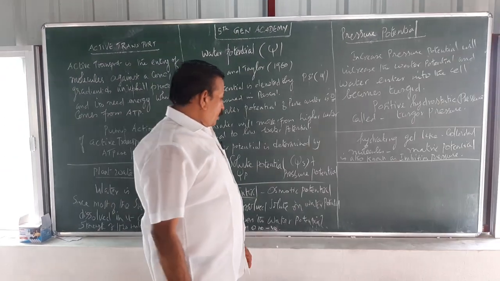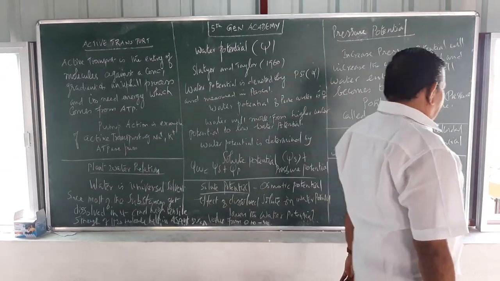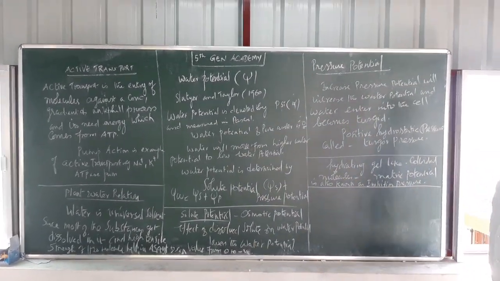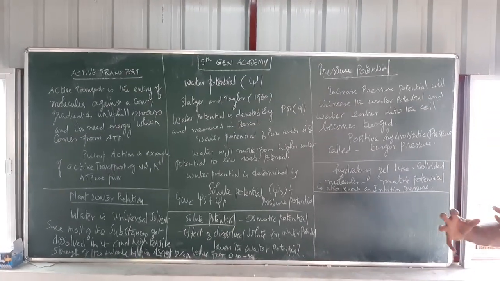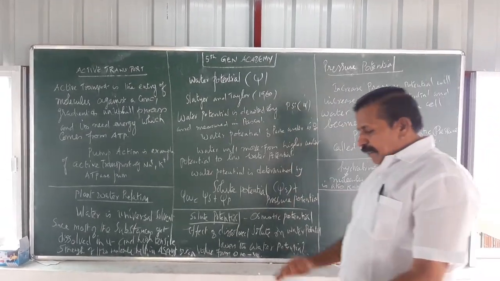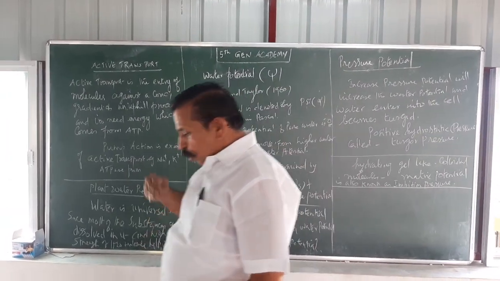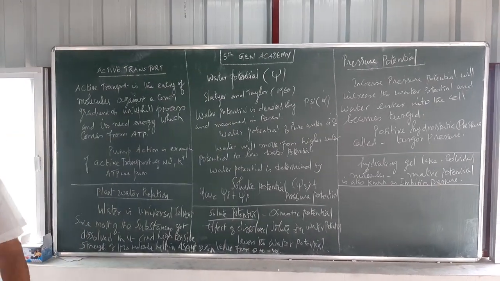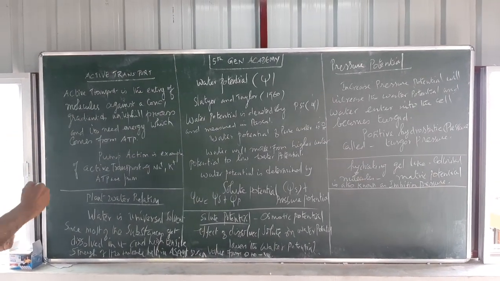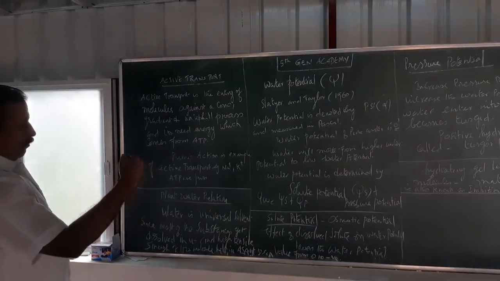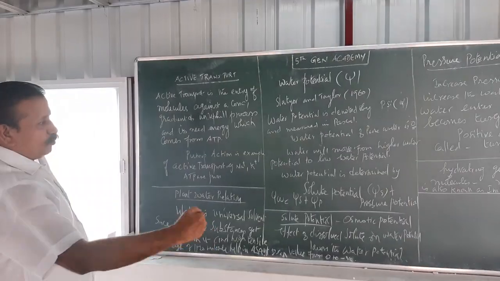What is the meaning of solute potential? It gives the effect of dissolved solute on water potential, and it lowers the water potential. It gives values from zero to negative.